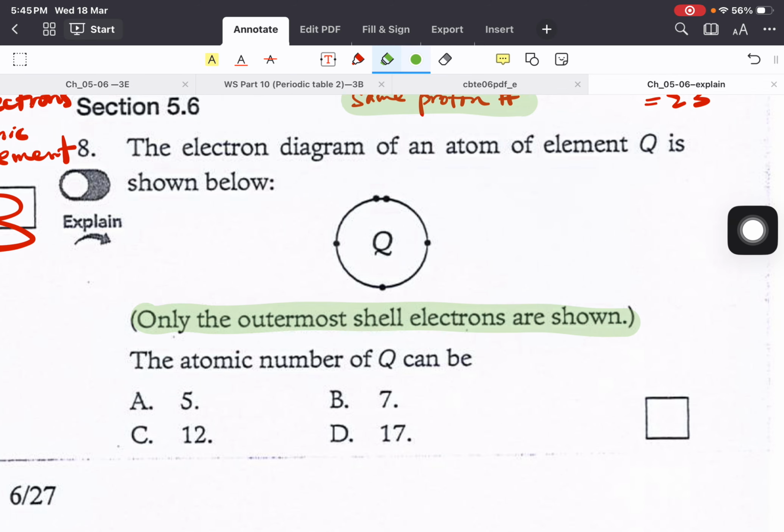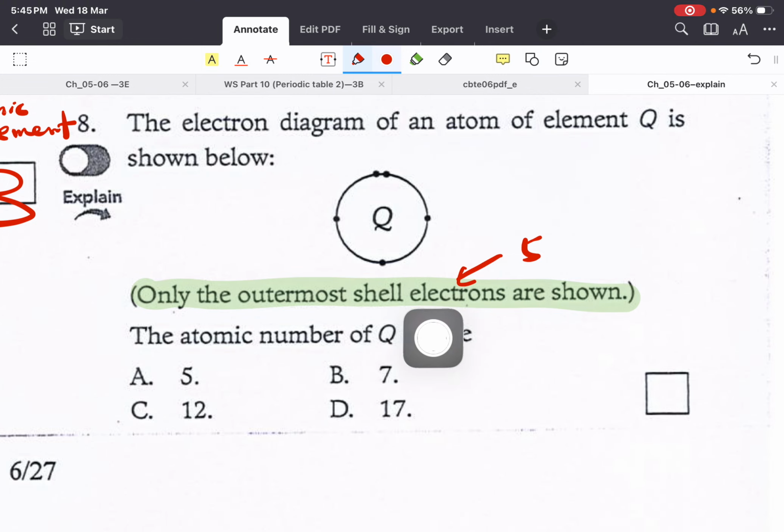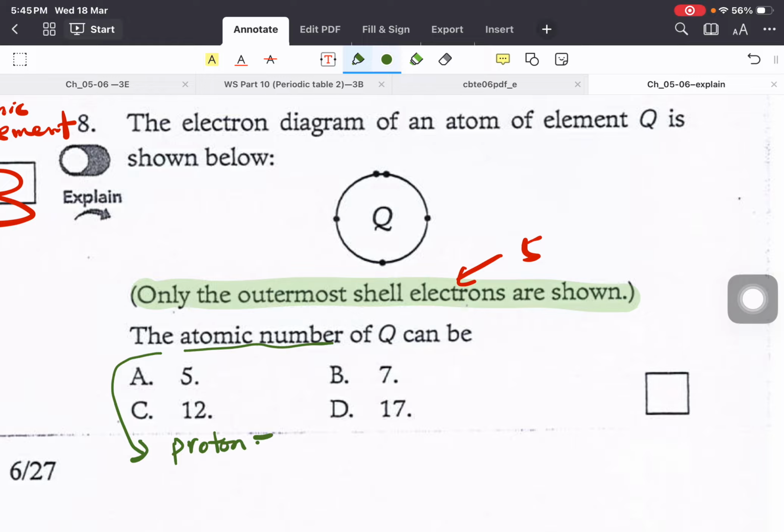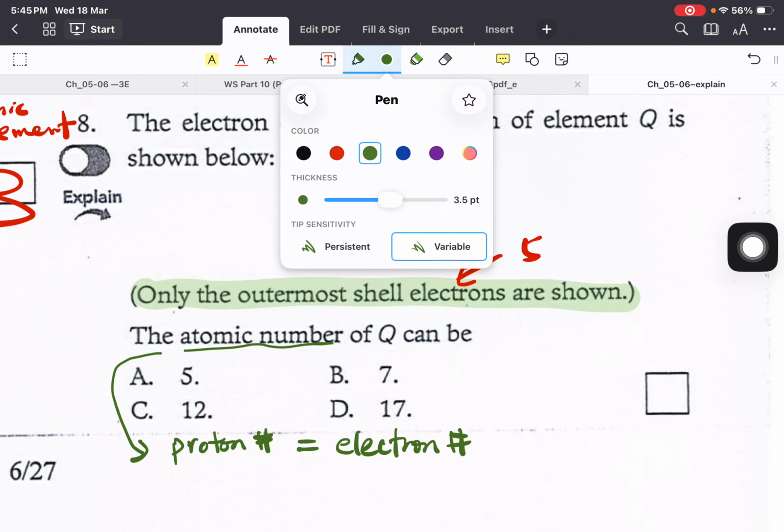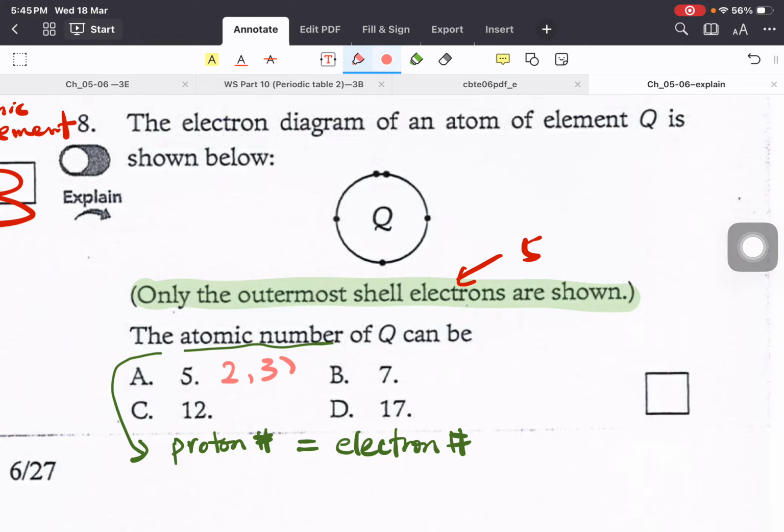Only the outermost shell electrons are shown. It only shows the electrons in the outermost shell: 2, 5, here there are 5. So what is the atomic number of Q? The outermost shell has 5, so the last number of the electronic arrangement should be 5. Although atomic number is the number of protons, it is also equal to the number of electrons. So we look at the electronic configuration: 5 is 2, 3; 7 is 2, 5; 12 is 2, 8, 2; 17 is 2, 8, 7.